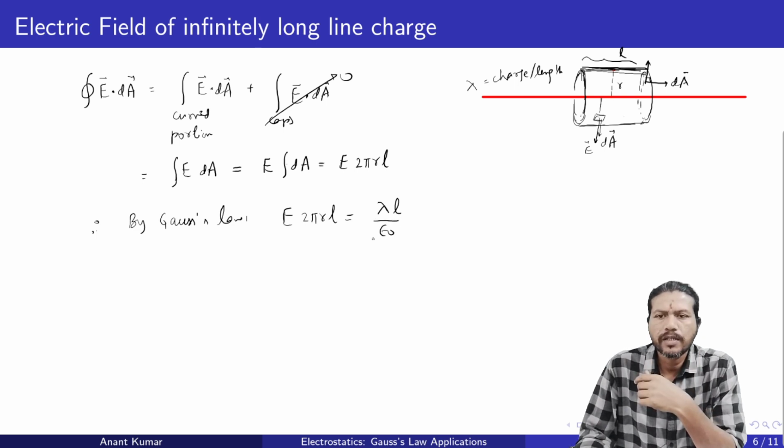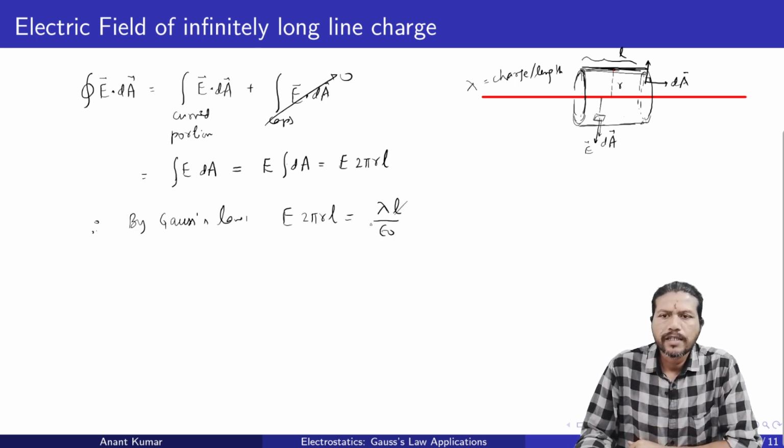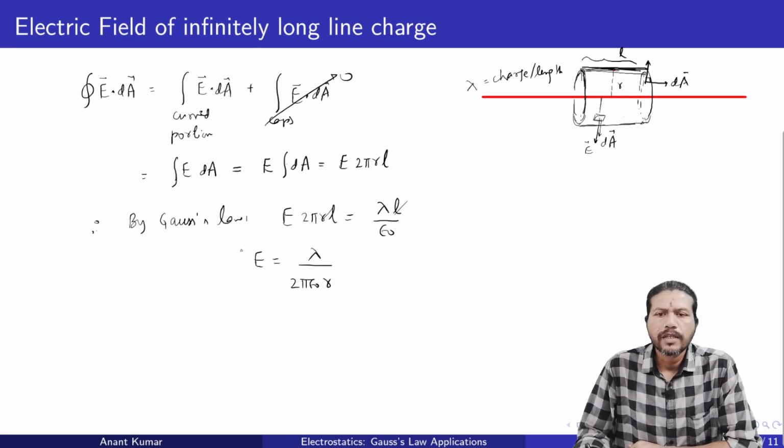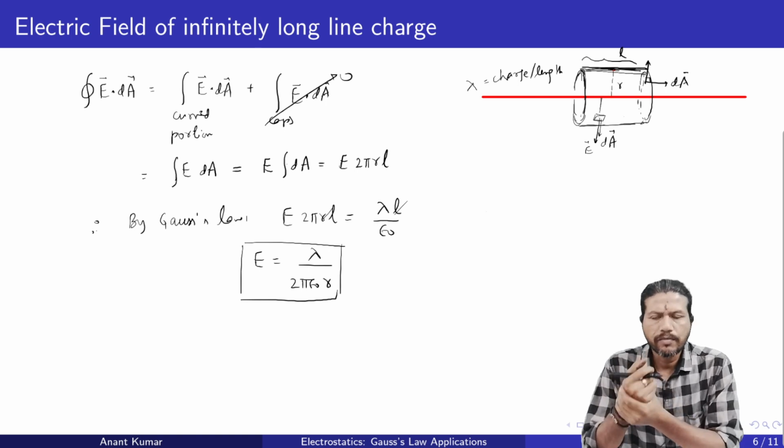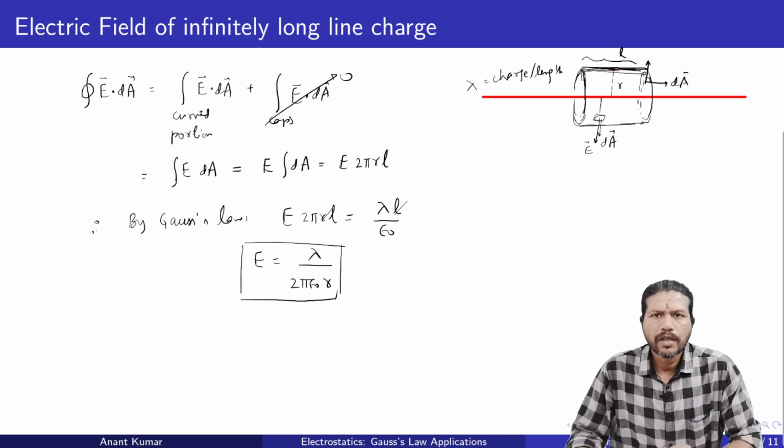So lambda L upon epsilon naught, L gets cancelled out, and that gives us the electric field as lambda by 2 pi epsilon naught r. Fine. This is the electric field due to an infinitely long line charge, which we have seen already. I believe that this is how we can obtain it by using integration as well.